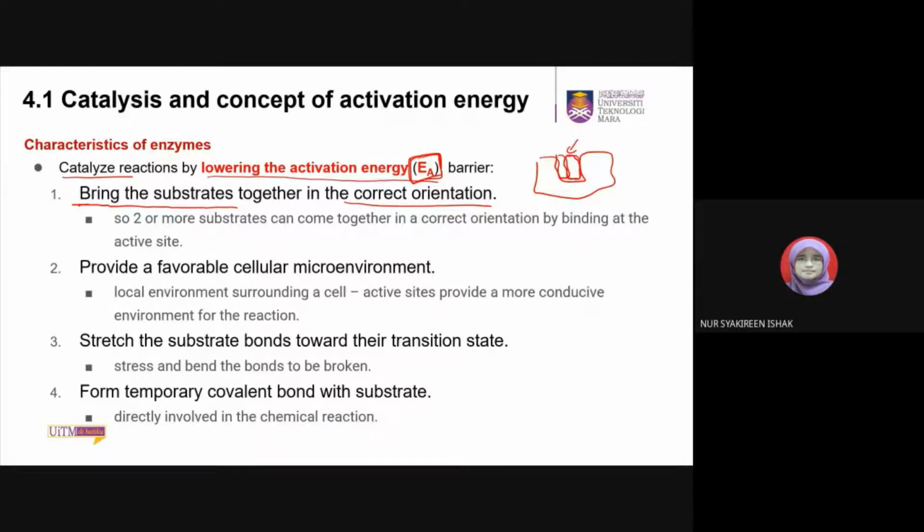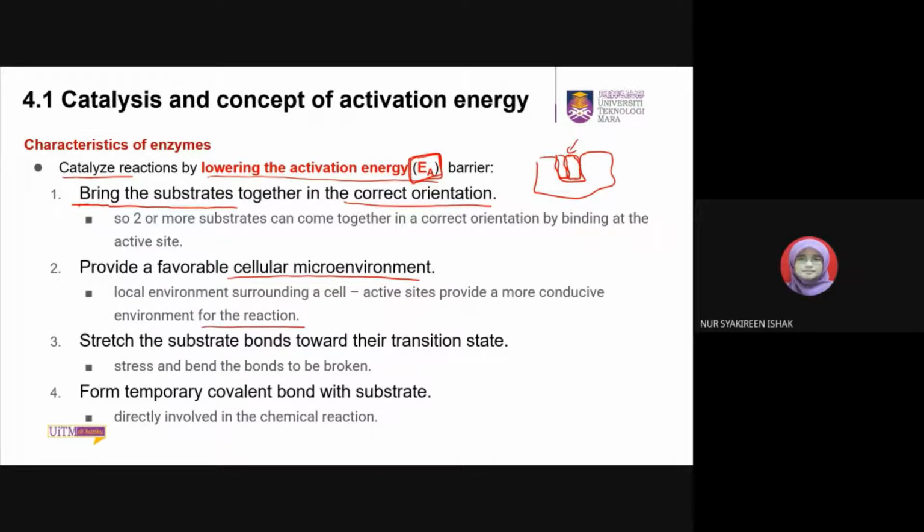Okay. So number 2, provide a favorable cellular microenvironment. What does it mean? It means that by having the enzyme, a certain microenvironment can be achieved, the local environment surrounding a cell. By having the active site, it provides a more conducive environment for the reaction to occur.